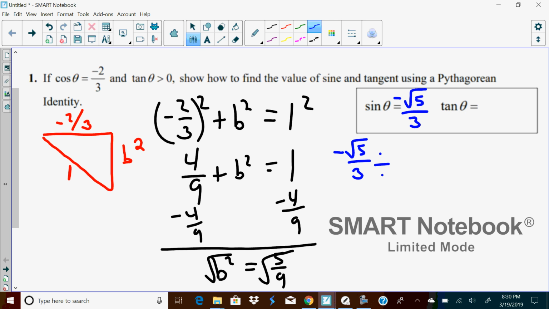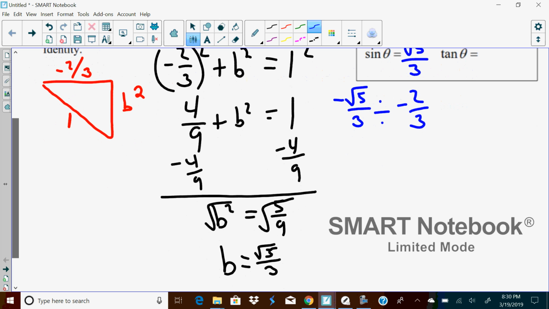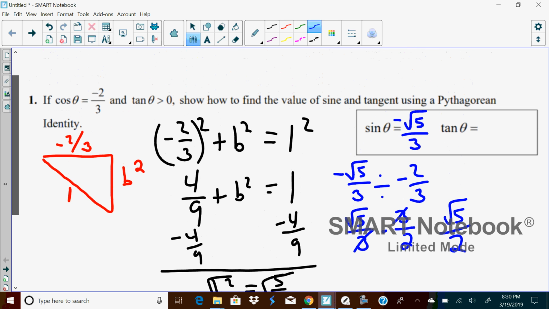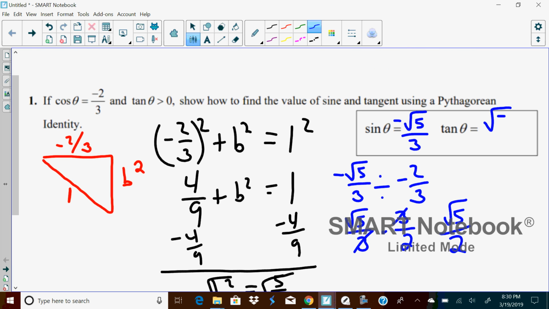And I'm going to divide it by cosine, which is -2/3. So remember that the rule for dividing fractions is keep, change, flip. A negative divided by a negative is a positive. So I've really got the square root of 5/3 times 3/2. My 3's cancel. So I'm just left with the square root of 5/2. So tangent is the square root of 5/2.